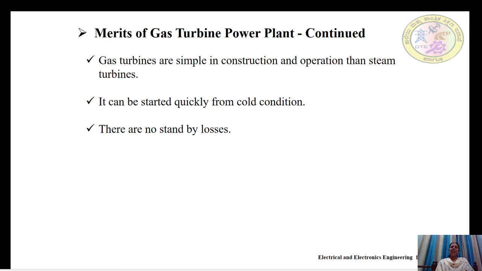We can start it quickly and also stop it quickly. So there are no standby losses.